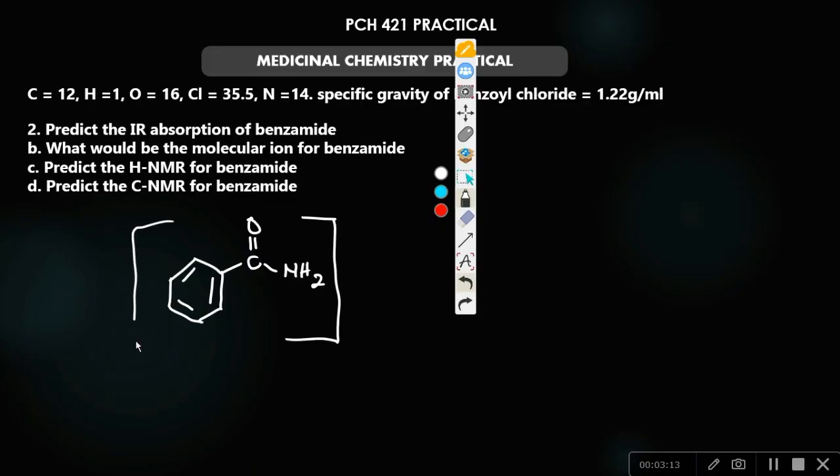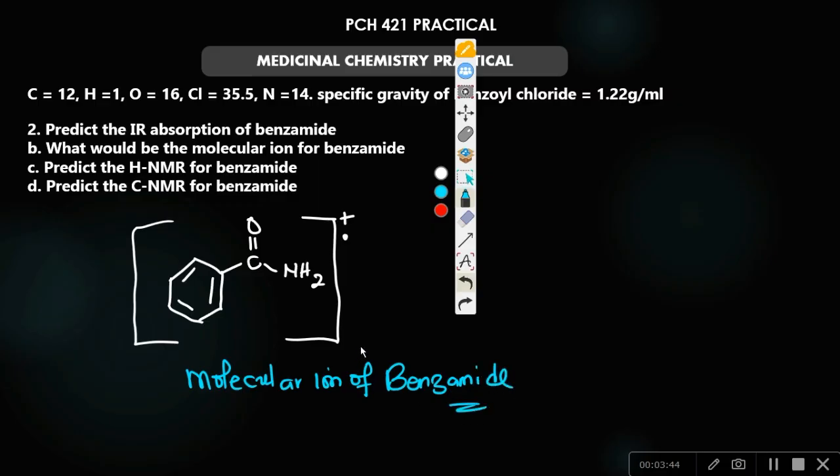The molecular ion is formed when an electron is given off. You bombard with high energy electrons, which knock some of the electrons off. So you are going to have a positive charge and a radical. So this structure here is the molecular ion of benzamide. Every other fragment can break from here, but for now, this is the molecular ion of benzamide.